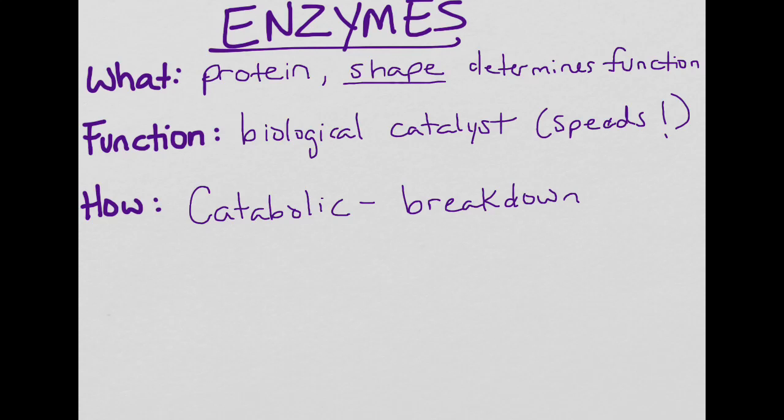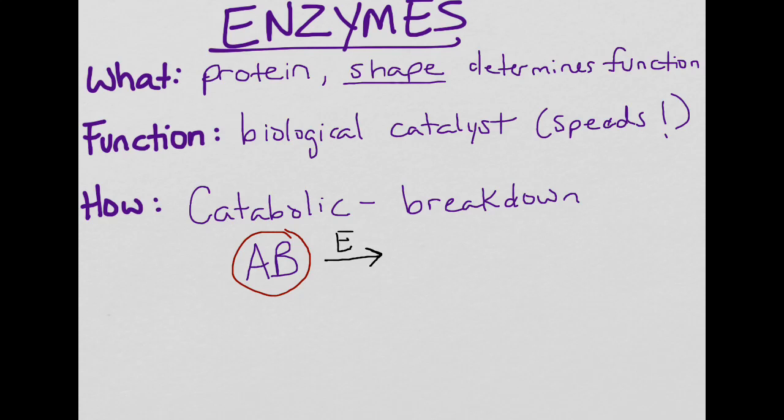And in a catabolic reaction, a generic one might look like this. If you're breaking down, you'll take something that is a little unit there, and the enzyme's job, the enzyme there over the arrow, remember?